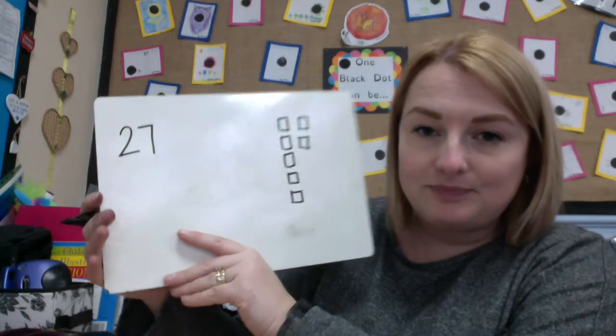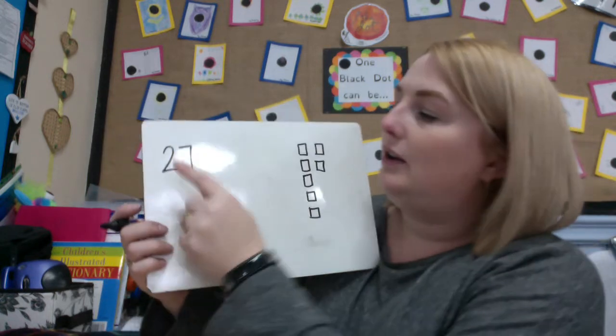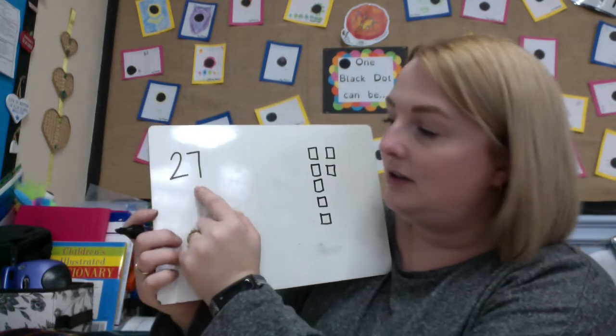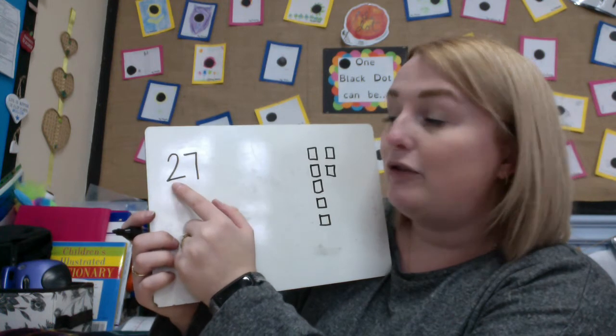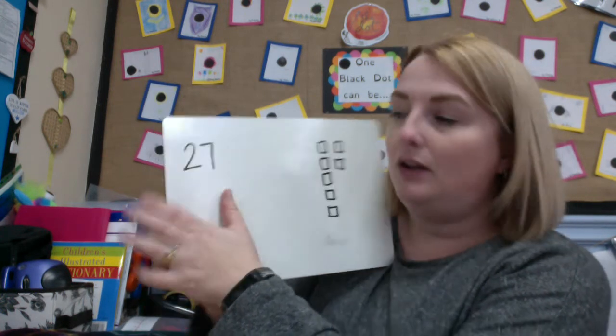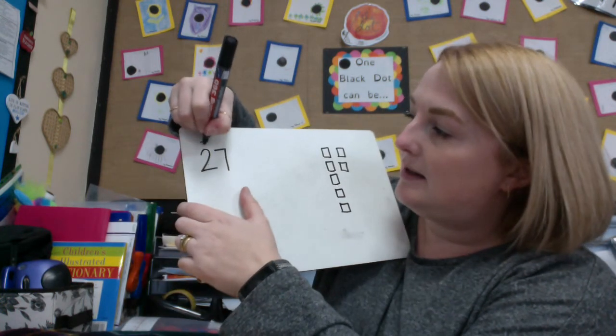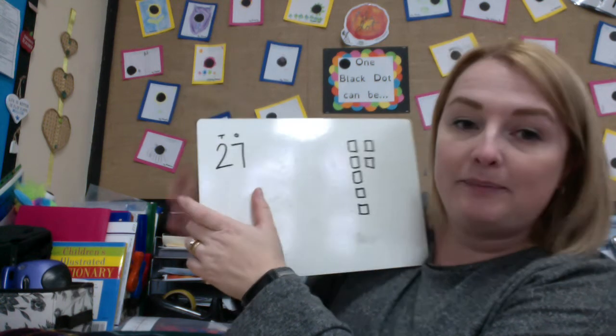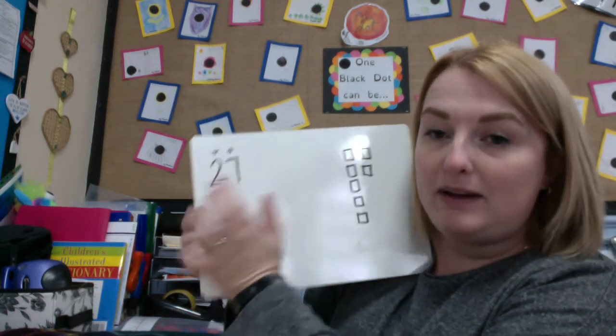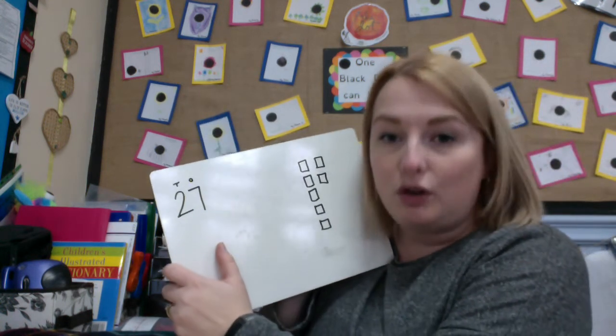7 ones. Then, looking at my number 27, I have 7 ones and I have 2 in the tens column. So this would be my tens column and this would be my ones column. So I have 2 in my tens column, which means I have 2 lots of 10, which is 20.